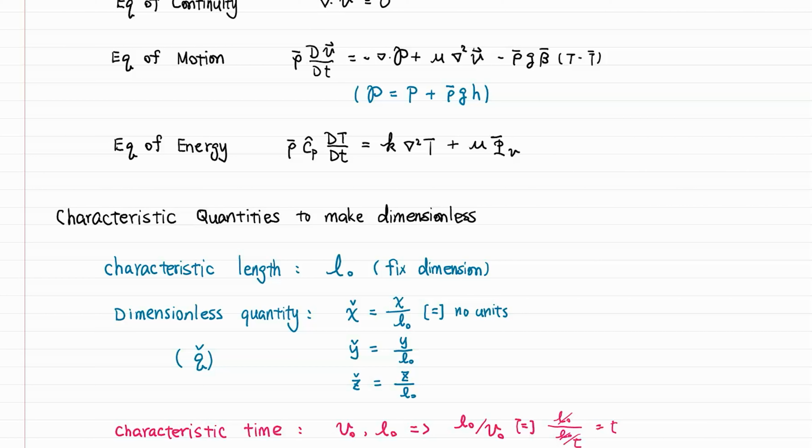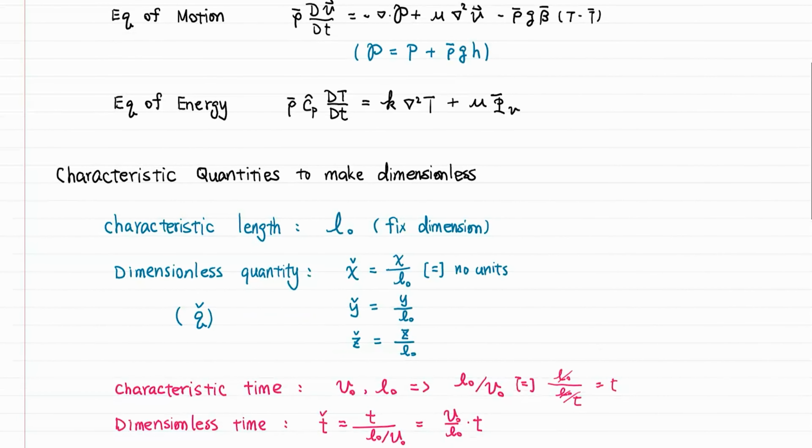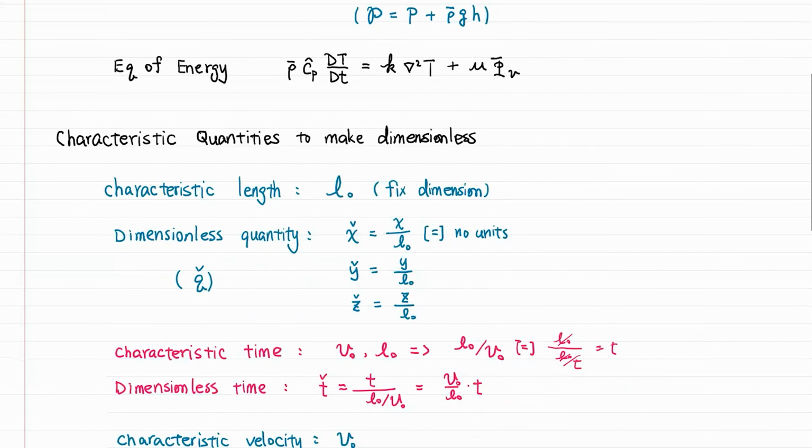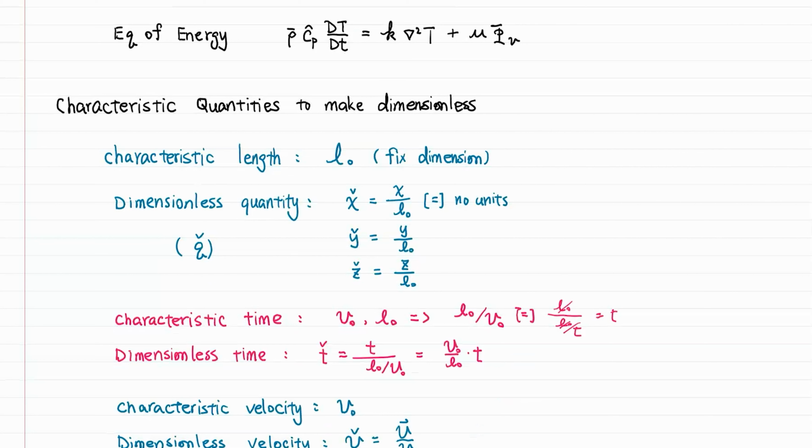The reason you want to use that is because you need the characteristic length to make a lot of terms, especially the gradient operator and the substantial derivative terms, dimensionless. So you can use the characteristic length to define your dimensionless x, y, z's. Just divide the actual x, y, z by the characteristic length if your system has a fixed dimension.